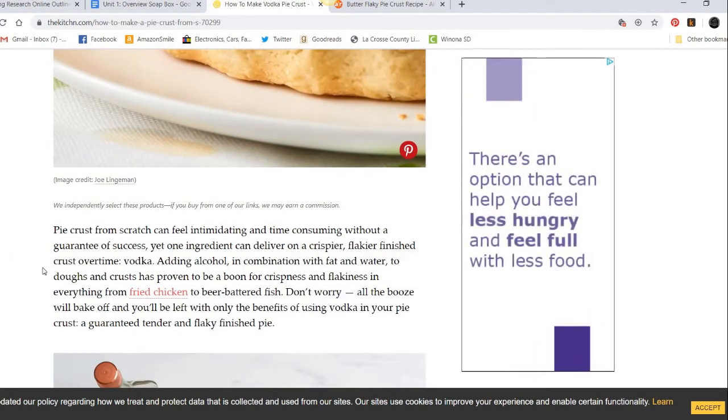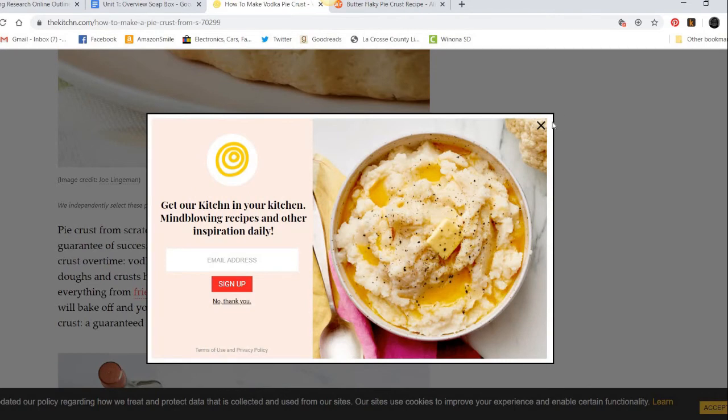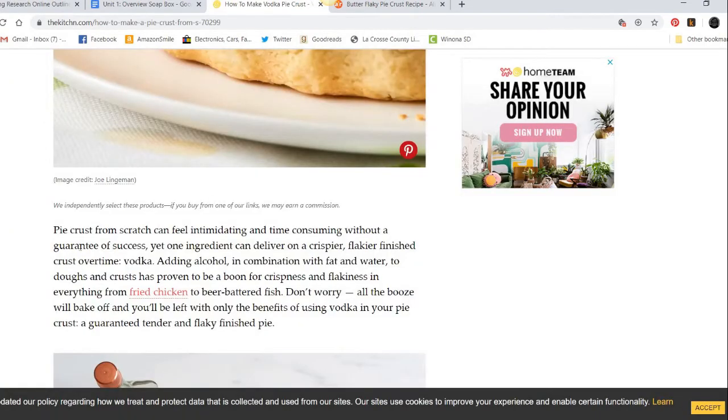Pie crust from scratch can feel intimidating. Cool, all the ads. Pie crust from scratch can feel intimidating and time-consuming without a guarantee of success. Yet one ingredient can deliver a crisper, flakier, finished crust over time: vodka. What?